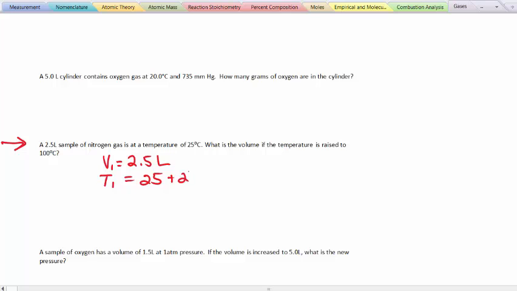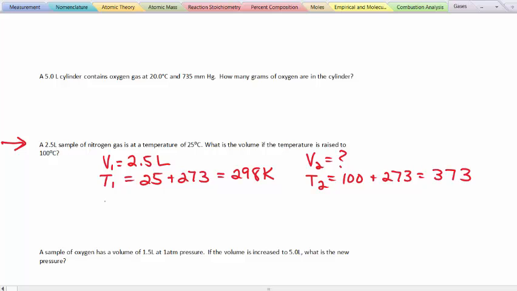And remember, with gases you're always going to convert that into Kelvin, because the relationship applies to the Kelvin temperature. Then it wants to know, what is the volume if I raise the temperature to 100 degrees Celsius? So again, plus 273, so 373.